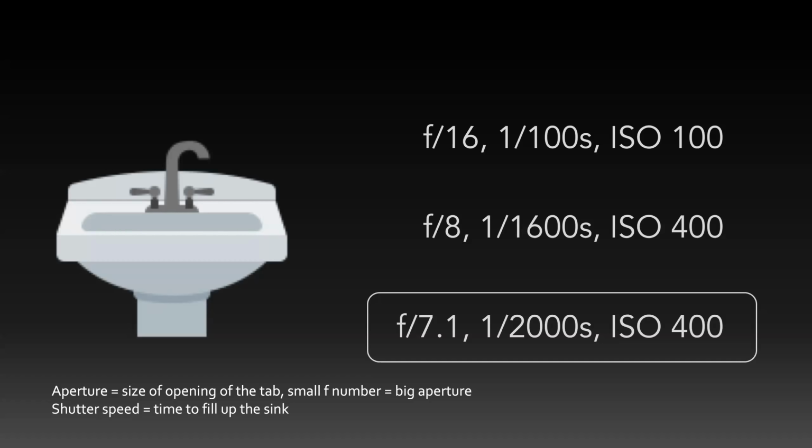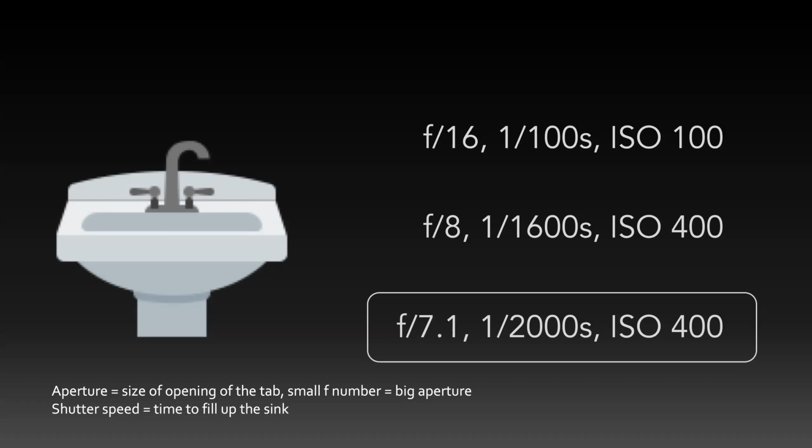Like the cup is covered, and you open the tap, and if you open it bigger, like turn it all the way on, then it takes less time to fill the sink, right? And if you make the opening really, really small, then it takes a lot longer to fill the whole sink, right? So that's really the exposure.